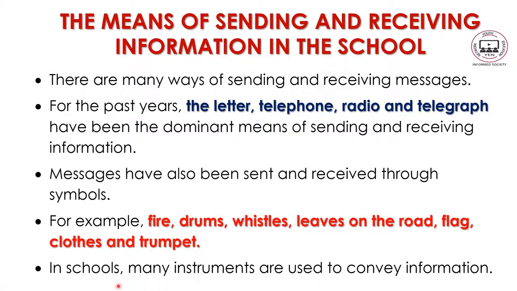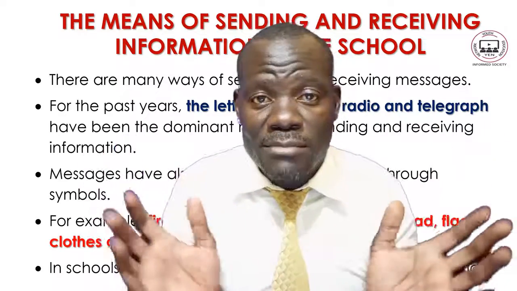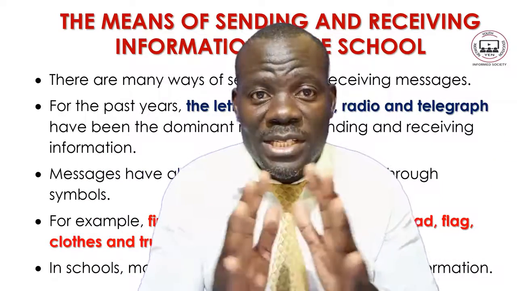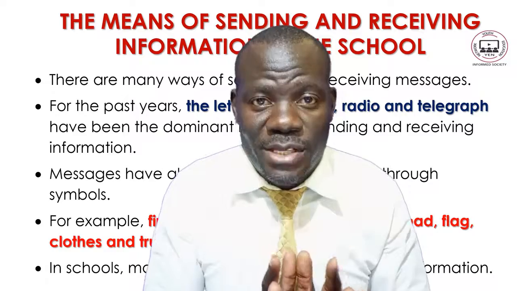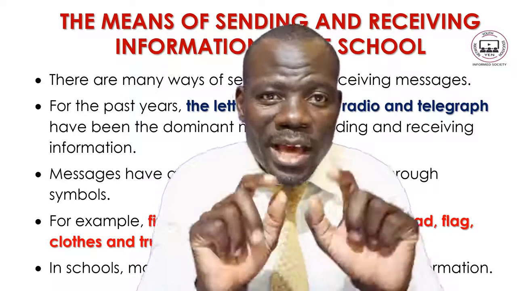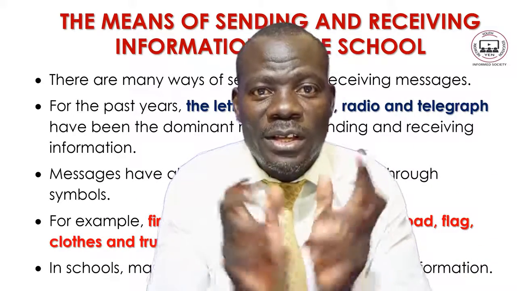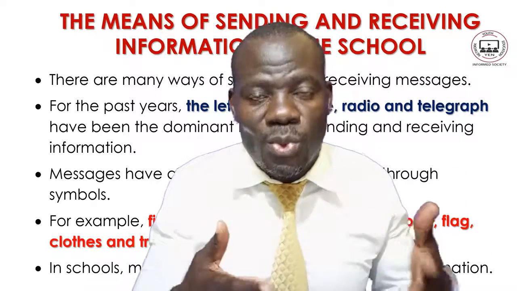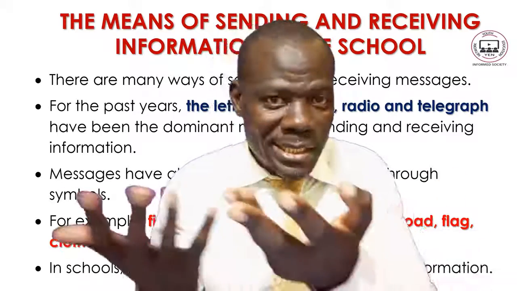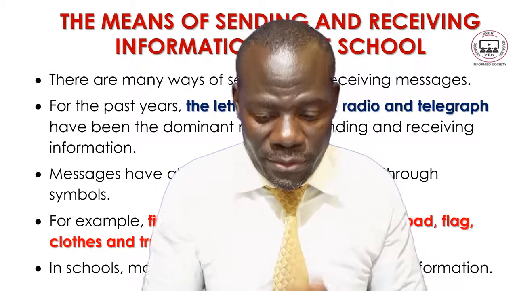So in schools, many instruments are used to convey information. So we have just looked at the examples of instruments that are used in general terms. But in school again, there are also some of the instruments that are used to convey or to send and receive information.